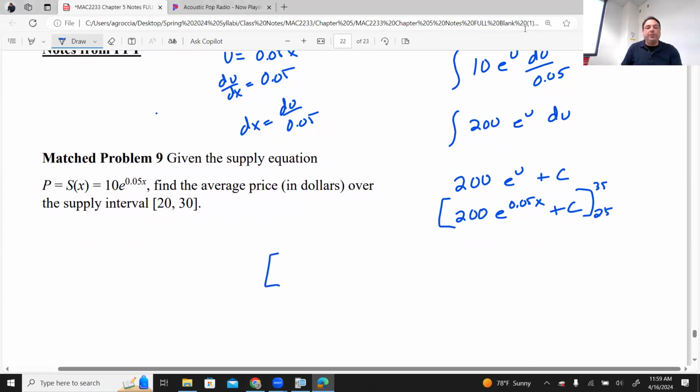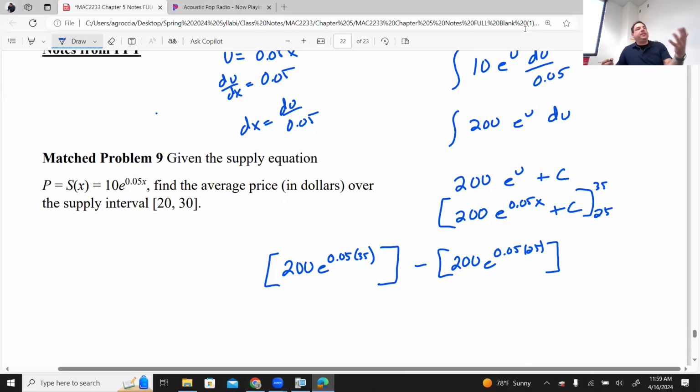So I'm going to do 200 e to the 0.05 times 35. I'm not going to put the plus c because I know it's going to subtract out, but if you want to put the plus c, you can. Minus 200 e to the 0.05 times 25.